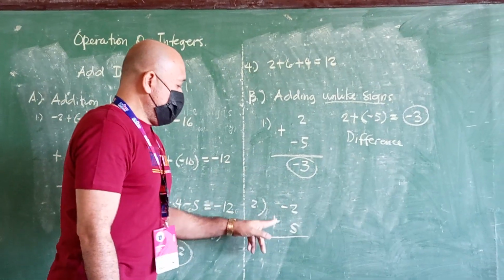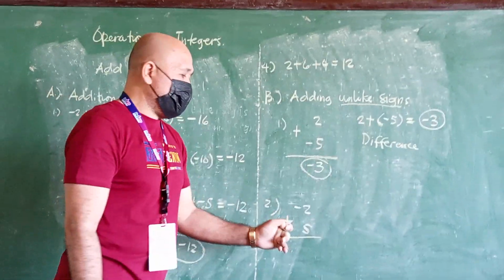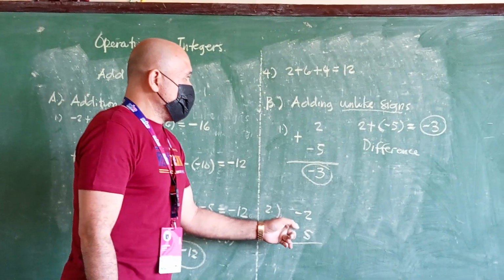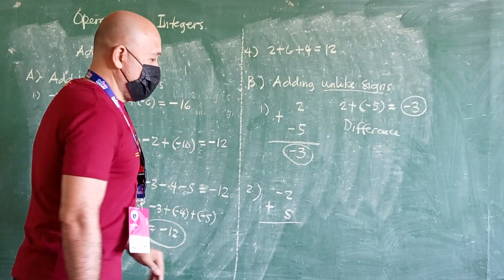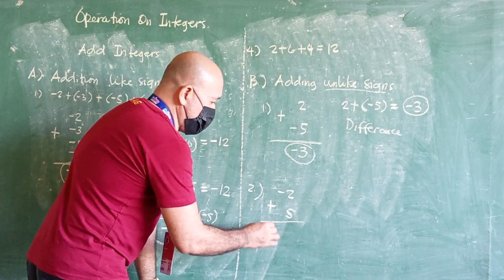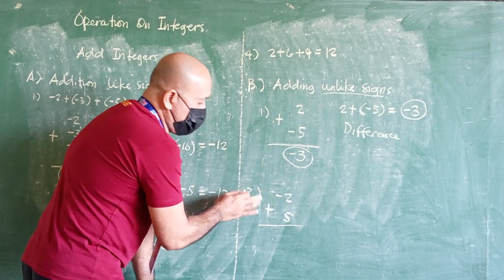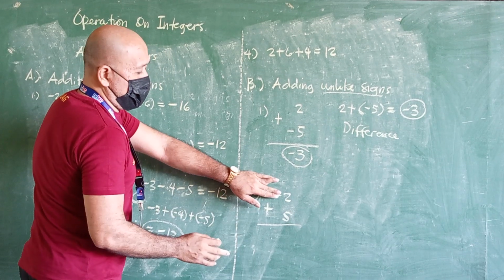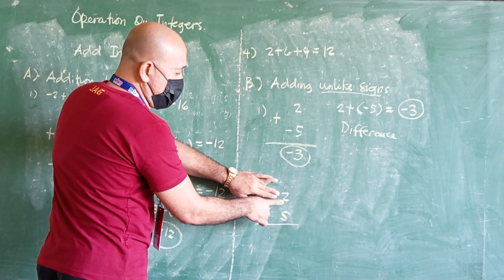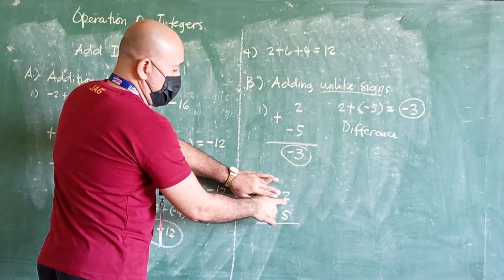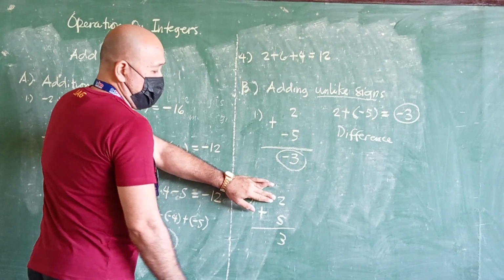Since you are still adding two integers with unlike signs, you are going to apply this rule again. You get their difference by covering the negative sign, and then ask what number you should add to 2 to get 5. And that number is 3.